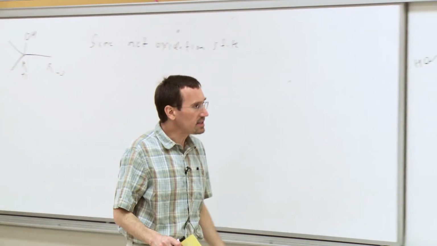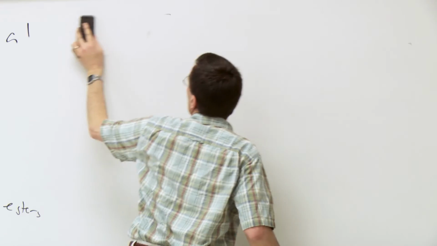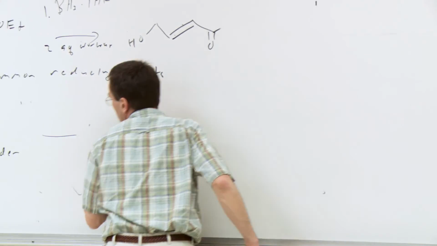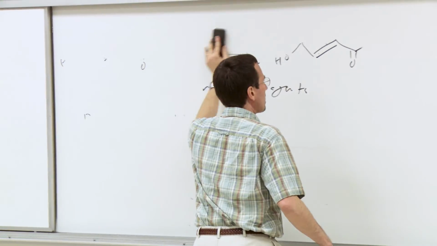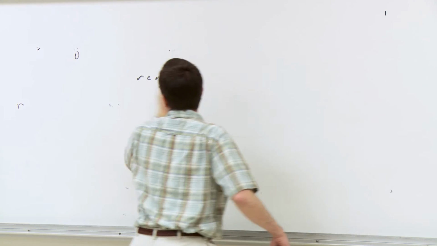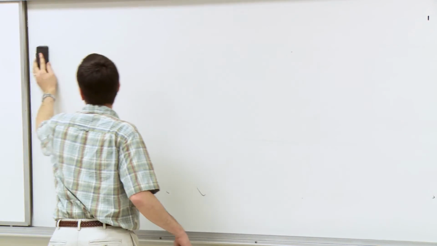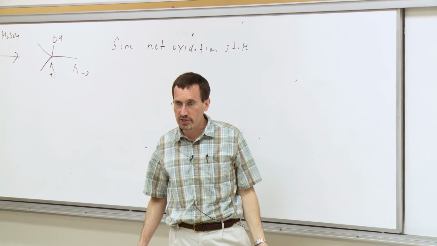All right, let's continue to traipse through this concept of oxidation state. Tertiary carbocations form with relative ease. This reaction doesn't occur without some heating, but it occurs.